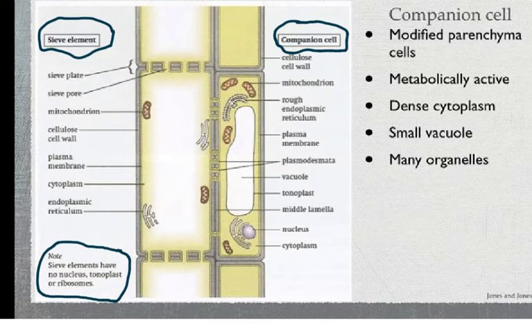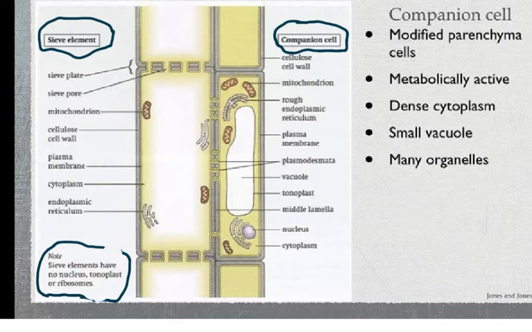The reason is that the DNA is in the nucleus where transcription takes place. If there is no nucleus, there will be no transcription, no translation. So why would we need ribosomes? We do not need any. So no nucleus, no tonoplast, no ribosomes.